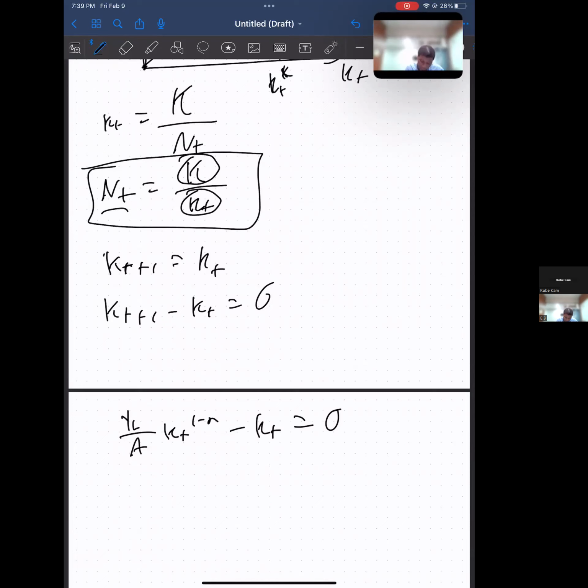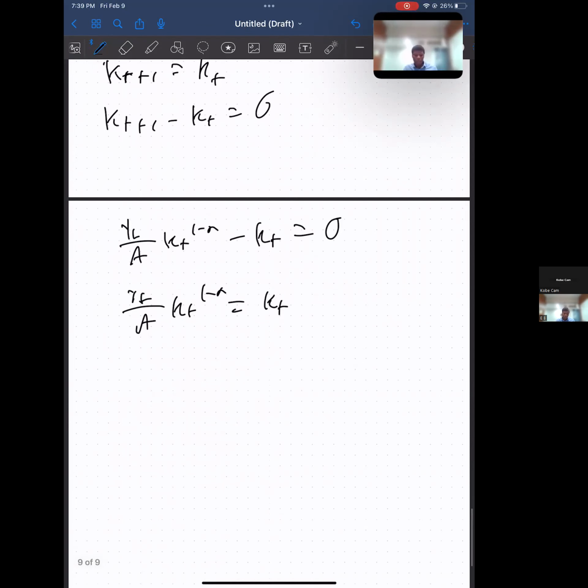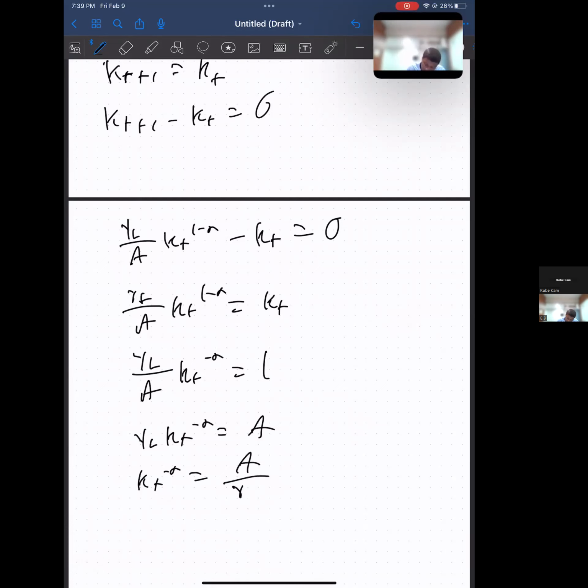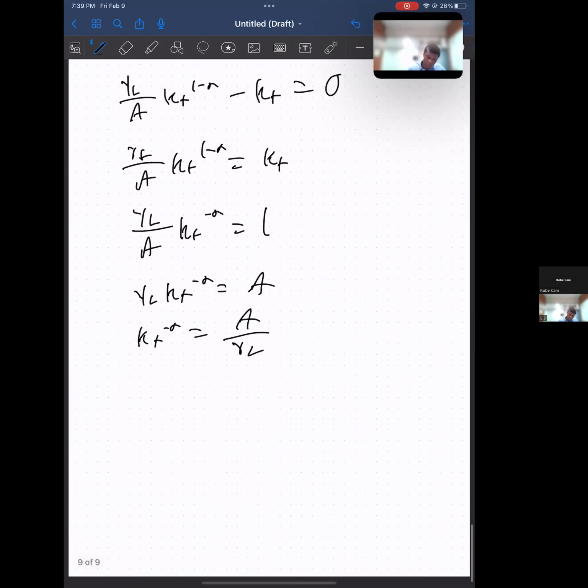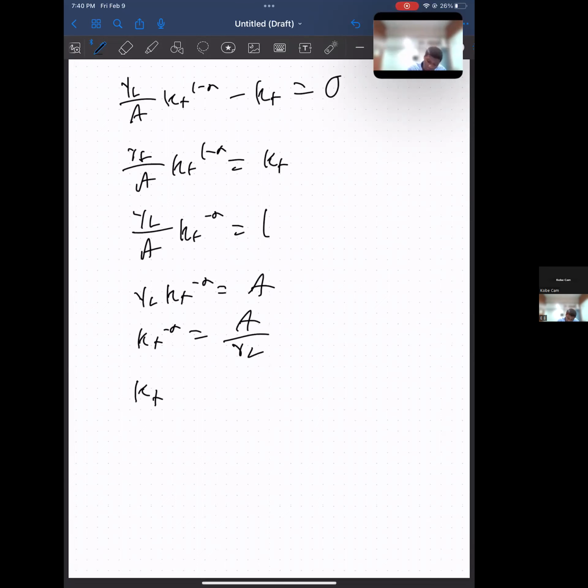So let's add k_t on both sides. Okay, now let's divide by k_t on both sides. So Y_L divided by A, k_t divided. There we go. Now let's multiply by A on both sides. Now divide by Y_L. And now finally, let's raise both sides to the 1 over negative a.